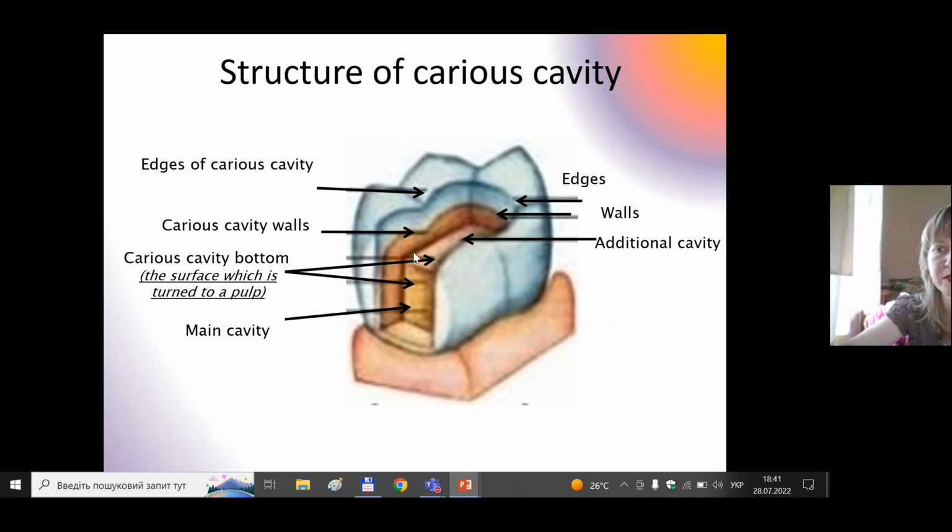So once again, I will repeat: a caries cavity has such a structure: edges, walls, bottom. If it is a compound cavity, we give them such names. The main cavity is where caries was noticed, and the additional extra cavity is the one designed to get access to the main cavity.